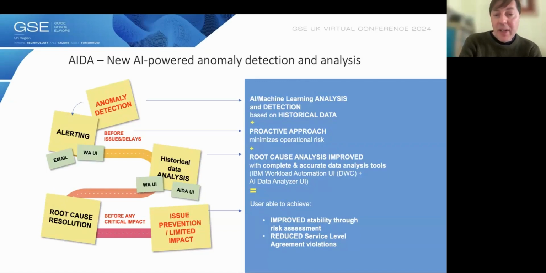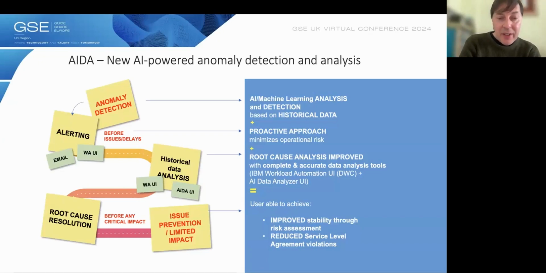So we provide some possibility to analyze the root cause of the problem with some specific UI that this component provides. So this can be launched in context from the dynamic workflow console.